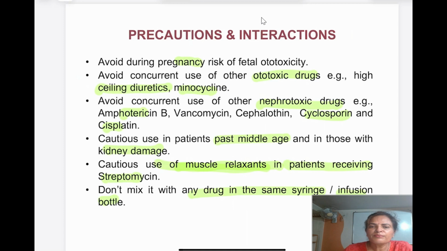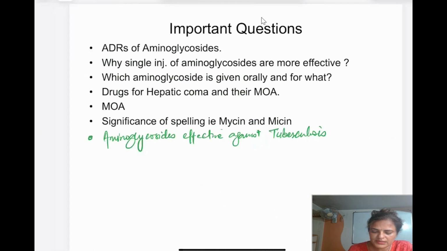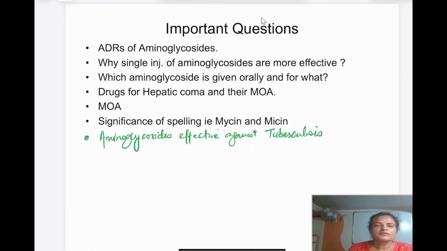Now look at a few important questions which you may get from this topic in the MBBS. The most important is the adverse effects of the aminoglycoside, where you are supposed to write all the toxicities: nephrotoxic, ototoxic and neuromuscular blocking effect. Why is a single injection of the aminoglycoside more effective?